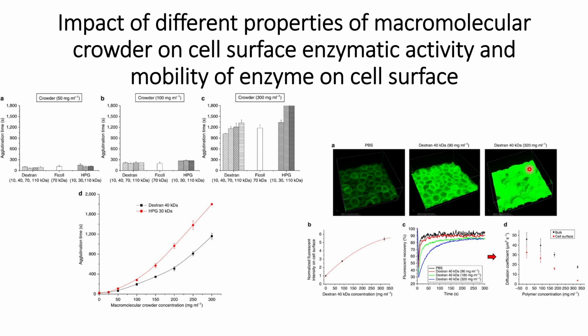I want to confirm these results, and we will go on that topic later on, but first we will understand this panel B. Panel B shows the different concentrations of dextran 40 kilodaltons and its normalized fluorescence intensity compared to PBS. They are able to see a maximum 5.5 fold increase at 320 milligram per ml 40 kilodalton dextrans compared to the surface with only PBS.